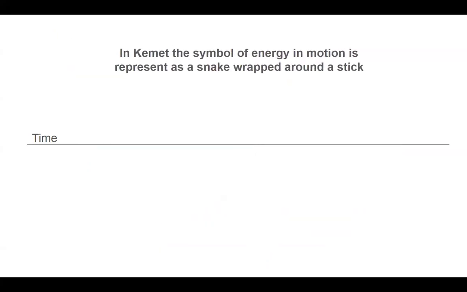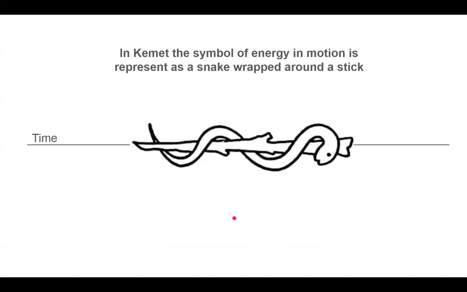In Kemet, the symbol of energy in motion is represented as a snake wrapped around a stick. We've seen this image before. Quite sure you've seen this in your short period of time of being on this planet.